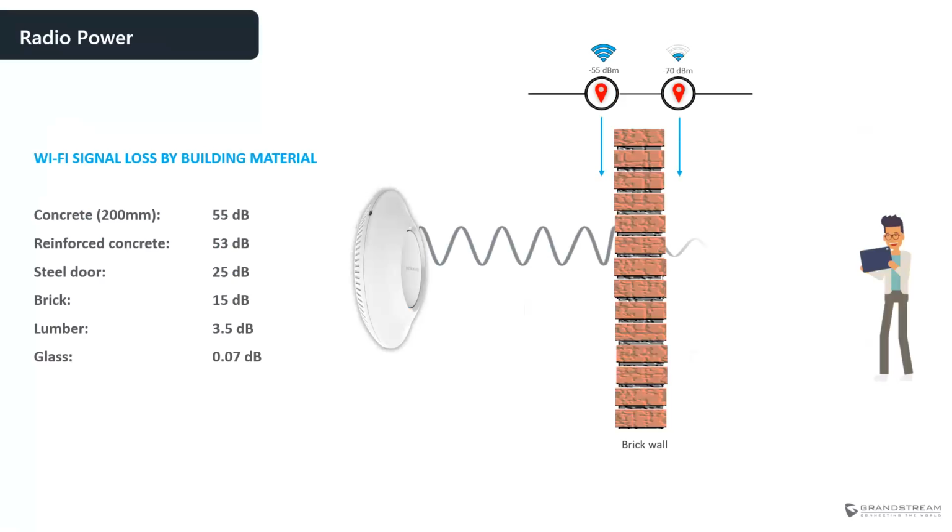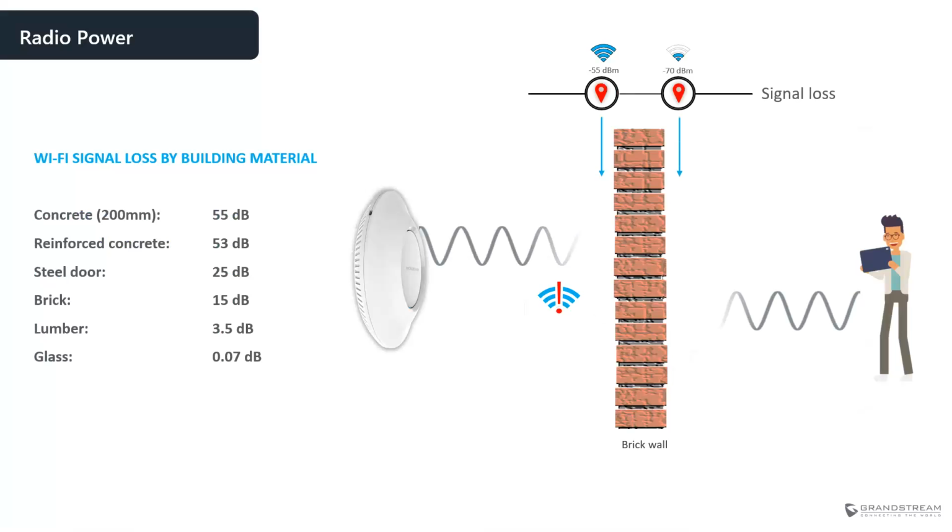In many cases where you have high signal attenuation, wireless administrators resort to increasing the radio power of the access point. The problem with that is, when you increase the radio power of the access point, the signal from the access point is able to reach the client, and the clients can detect the signal with a good RSSI value.